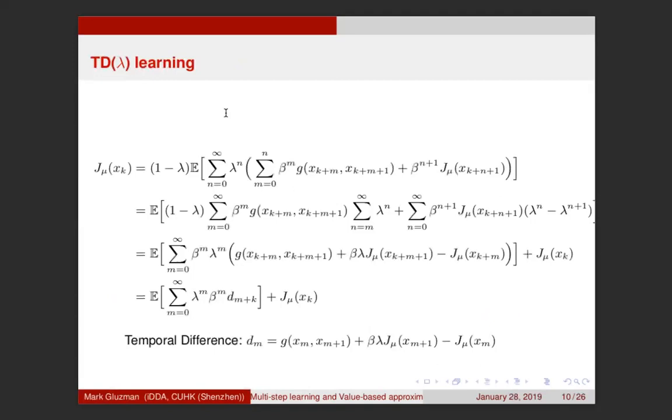And if m is equal to 0, there is a term g mu xk plus m. So basically we have minus g mu xk term, and we need to add this g mu xk term.